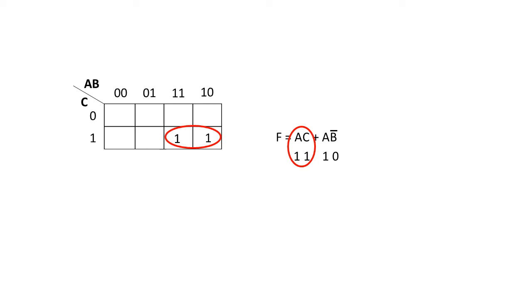In these 2 fields, A and C both are 1, isn't it? Now watch the next one, where A and B are 1 and 0. Observe in this given K map the position where A and B are 1 and 0. In that particular position we have to put 1.